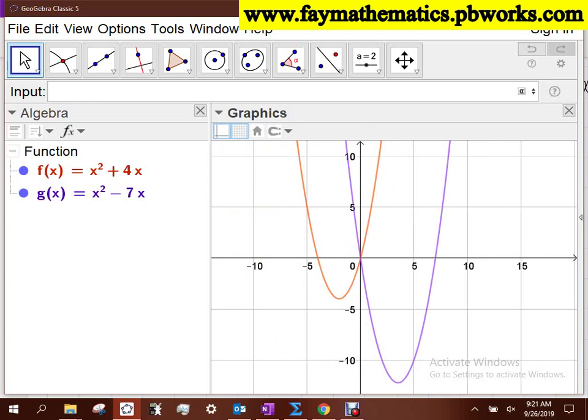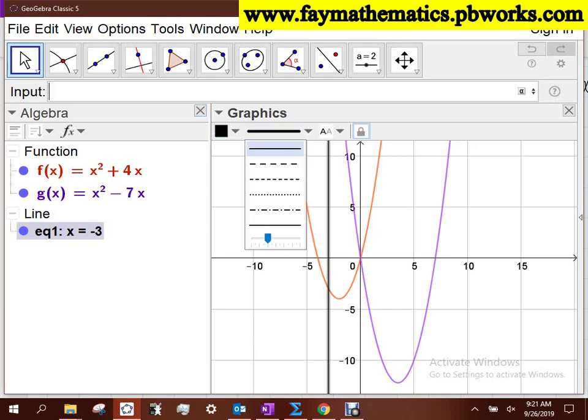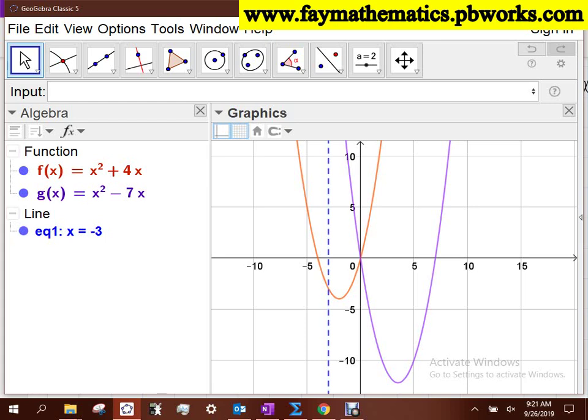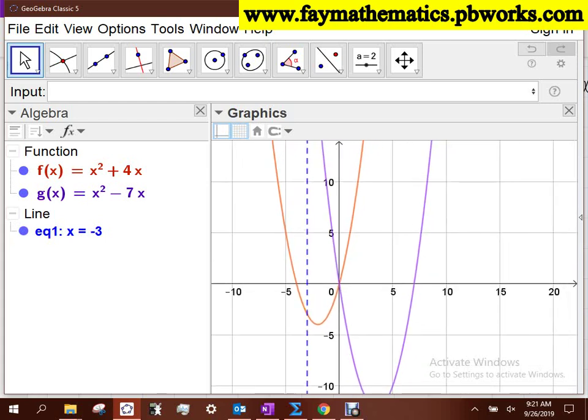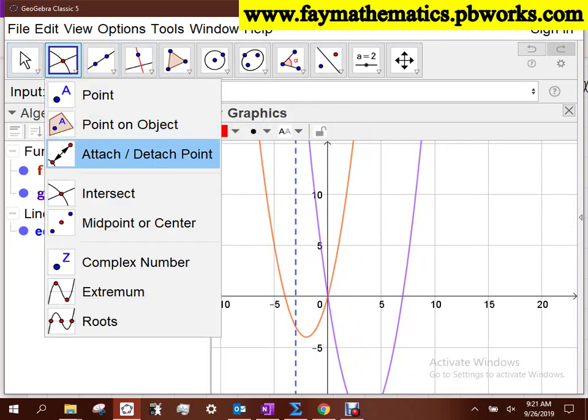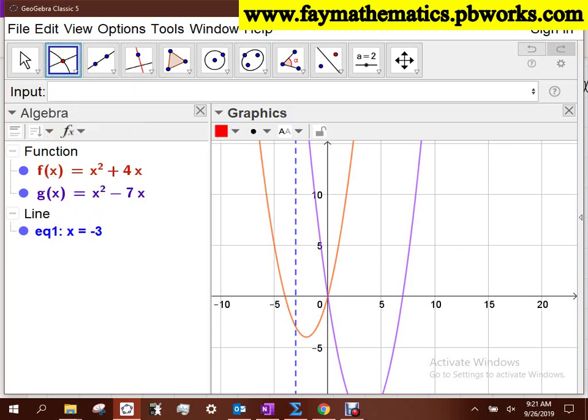Well, when I ask you to evaluate at x equals -3, what we're essentially doing is taking this x equals -3 line and seeing what is then the y value of where that vertical line intersects your two curves. So that vertical line and the red curve are going to intersect right there, right?